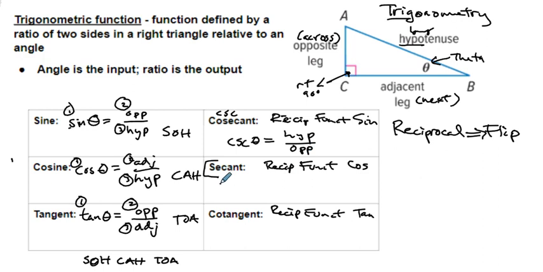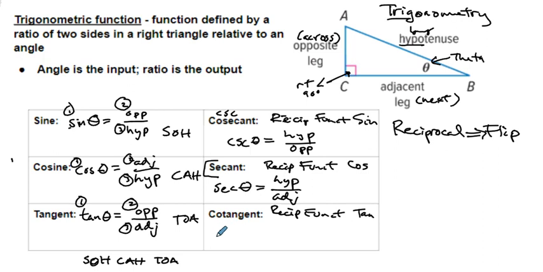And then secant is basically the flip of cosine. So it's hypotenuse over adjacent. So if you know your first three functions pretty well, you'll usually be able to find these, provided you can remember that secant relates to cosine, cotangent obviously relates to tangent, so therefore by the process of elimination, cosecant has to relate to sine, right?